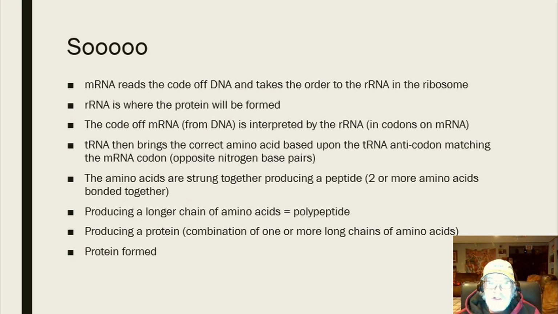It orders the tRNA then to bring the correct amino acid based upon the tRNA anticodon, which is again the opposite nitrogenous bases from the codon. Then it brings the appropriate amino acid, which is represented by the anticodon, which is previously represented by the codon, which is previously represented by the triplet on the DNA.